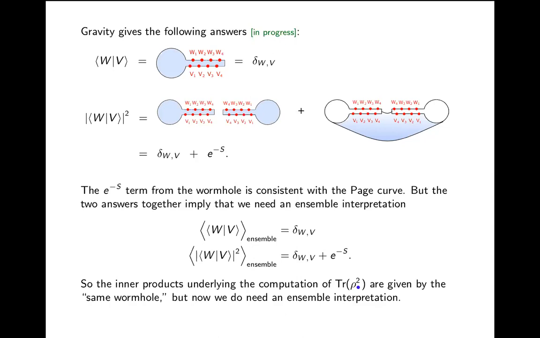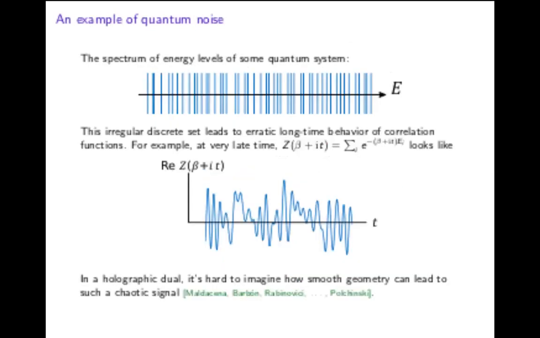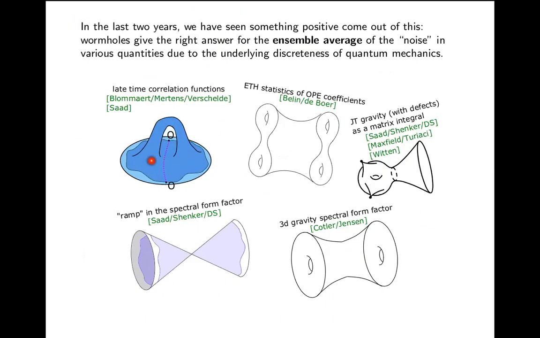But if you do look at the OTOC at extremely late times, then I think the dominant contribution does come from a space that is a single boundary but has a wormhole. It would be a space that looks a little bit like this one here. That would give the OTOC at extremely late times. But it's extremely late.